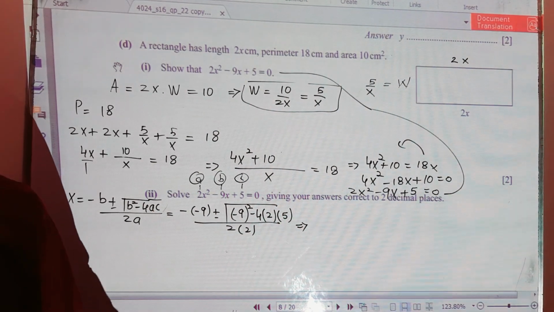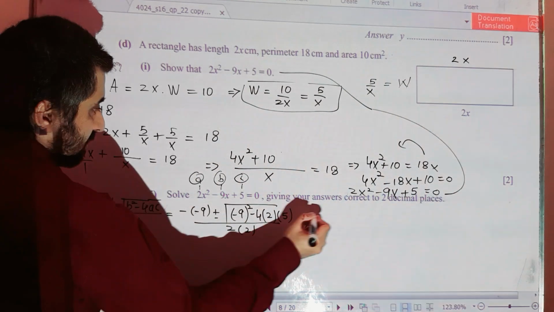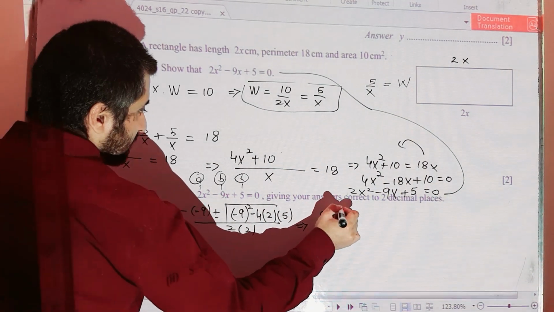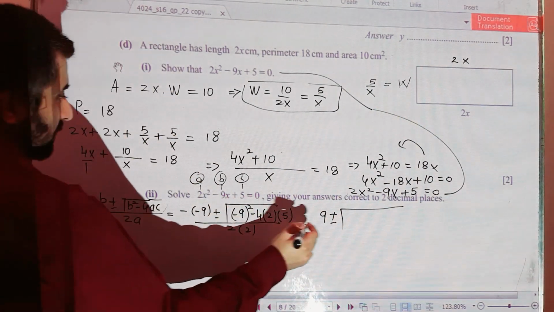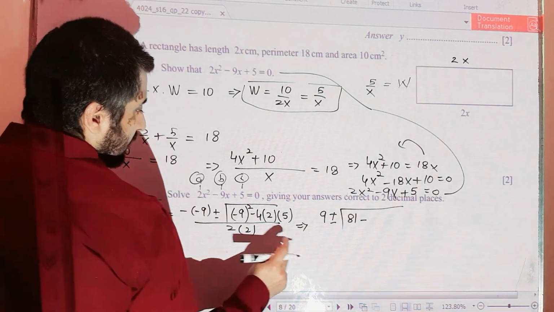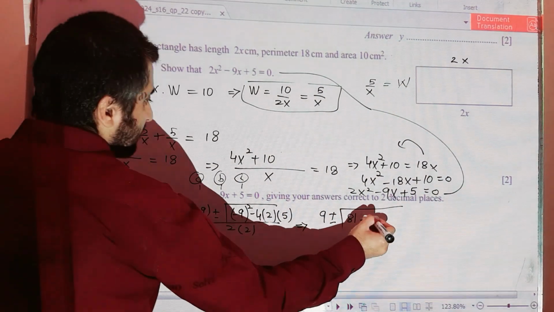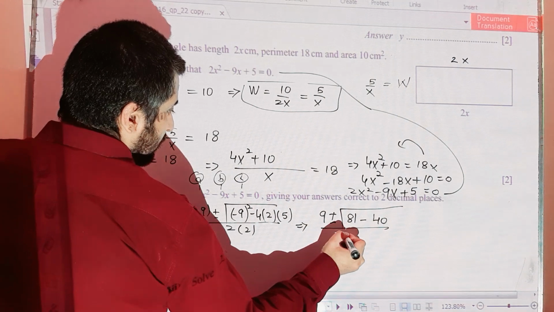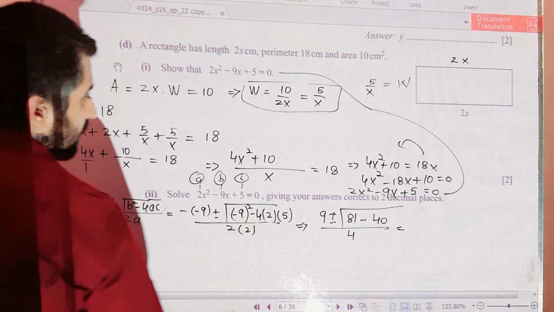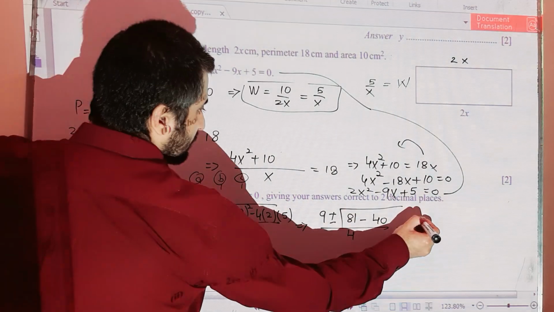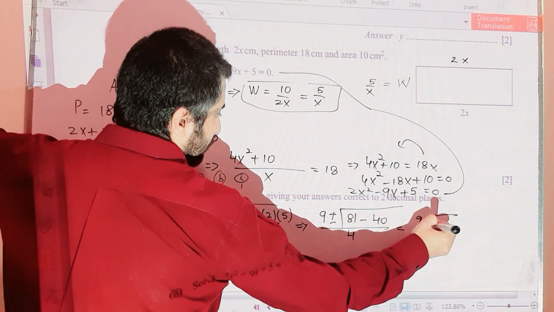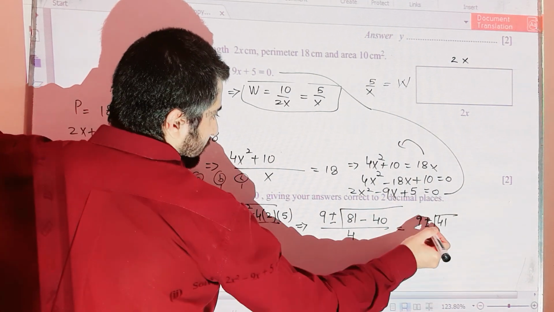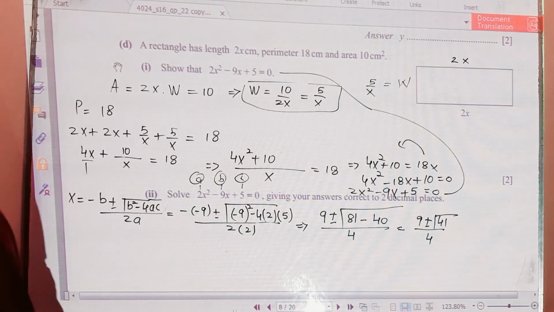That will be minus into minus will become plus 9, plus minus 9 square is 81, 5 into 2 is 10, 10 into 4 is 40, over 4. That will give you 9 plus minus under root 81 minus 40 is 41 over 4.